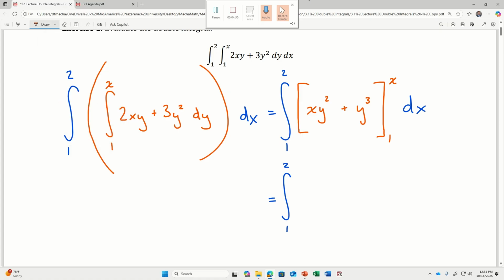Whenever I plug in the upper bound and lower bound into this expression, I'm only going to plug that in for y. So in other words, this is going to be x cubed plus x cubed minus x plus 1.